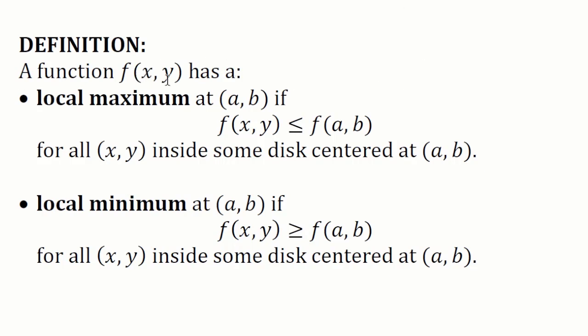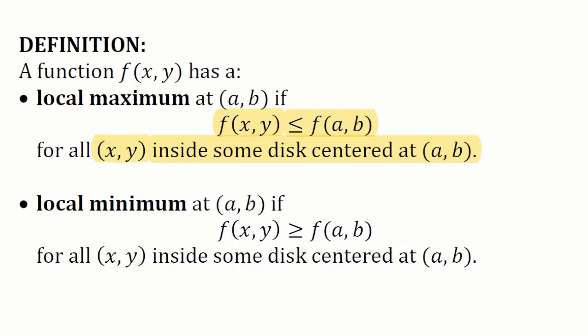A function f of x, y has a local maximum at a given point (a, b) if the function value anywhere else is less than or equal to f at (a, b), for all x and y inside some disk centered at (a, b). So that is the definition of a local maximum.